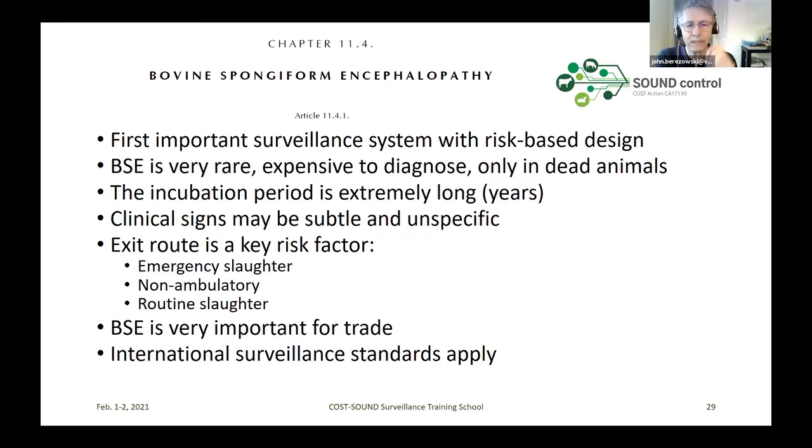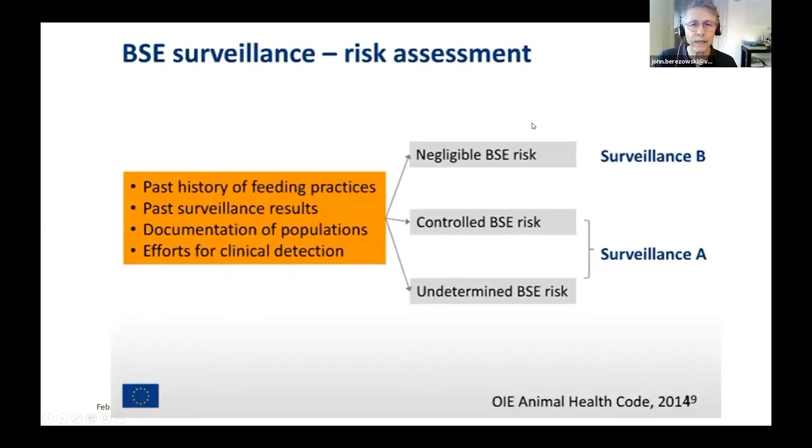Different pathways that animals left became risk factors for surveillance. And at the same time, BSE became very important for trade. And so over a period of time, standards were developed in the OIE for international surveillance. And those standards were developed probably in the early 2000s, and they remain in place today.